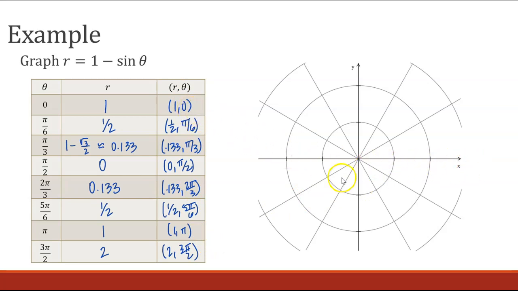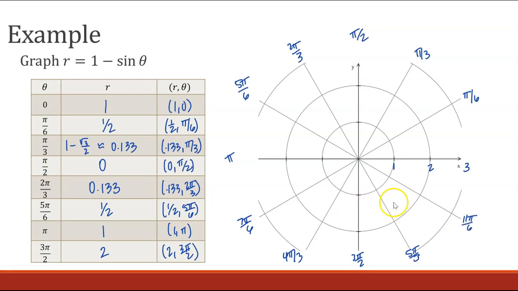Now this here is the polar axis, so we'll label this 1, 2, and 3, and these angles are pi over 6, pi over 3, pi over 2, 2 pi over 3, 5 pi over 6, pi, 7 pi over 6, 4 pi over 3, 3 pi over 2, 5 pi over 3, and 11 pi over 6.